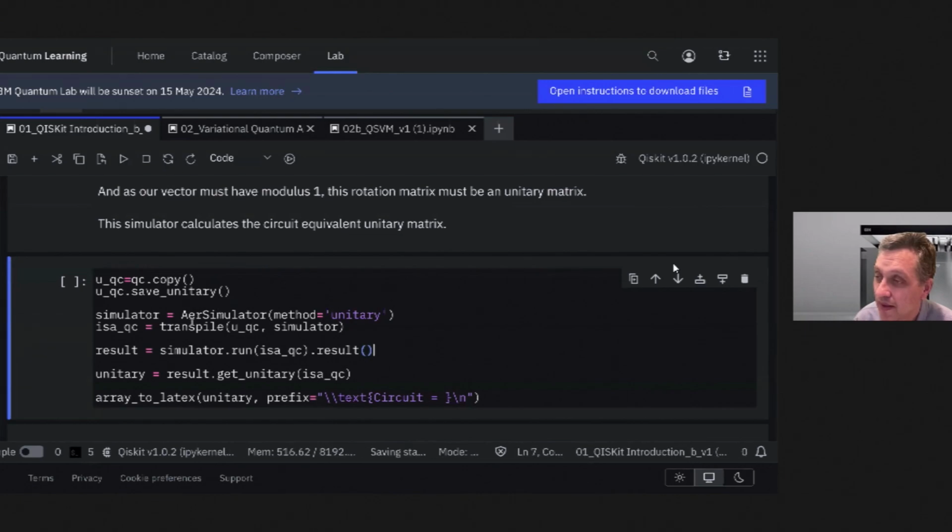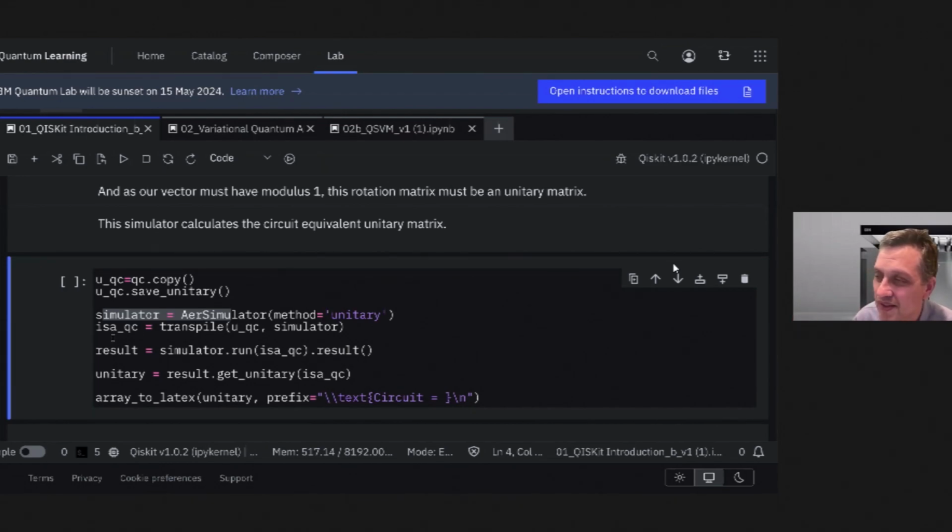Okay, we can use a simulator as a backend. We always try to create a system that works the same with simulators or with real computers. So we need to compile, which we call transpile, because it's transforming one circuit into another circuit.